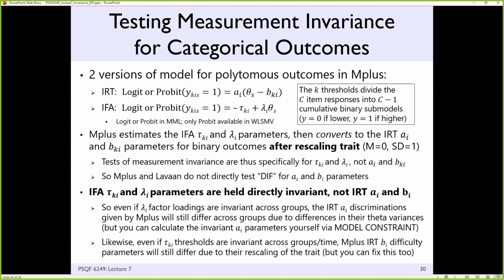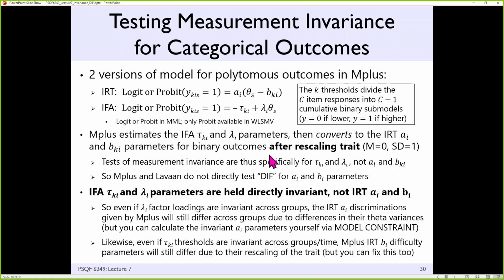So in CFA, each item has one intercept regardless of the scale that it's being measured on. In IFA, we have as many thresholds as we have categories minus 1. So if we have binary outcomes, that's 1 threshold. If we have 3 categories, that's 2, and so forth. And then error variances can become a thing once constraints are placed on the loadings and the thresholds.